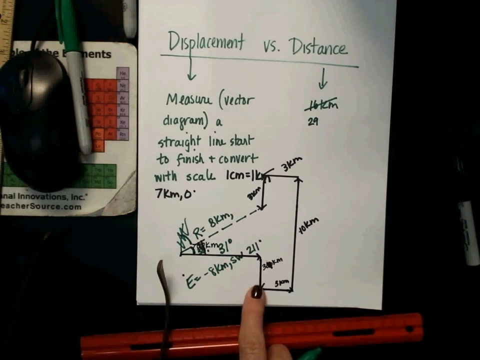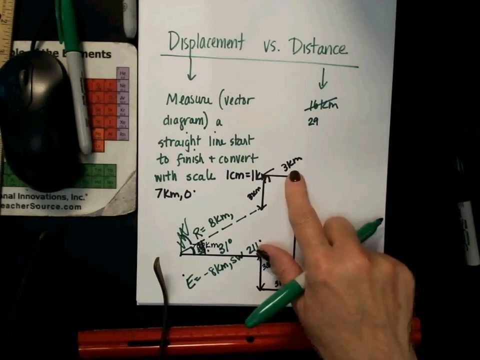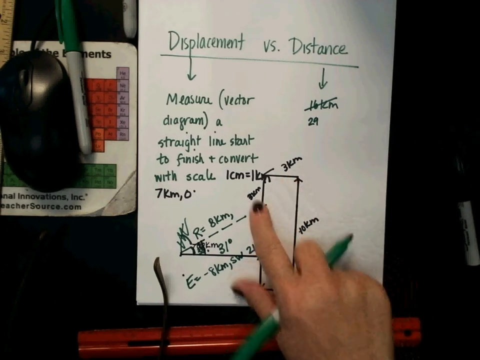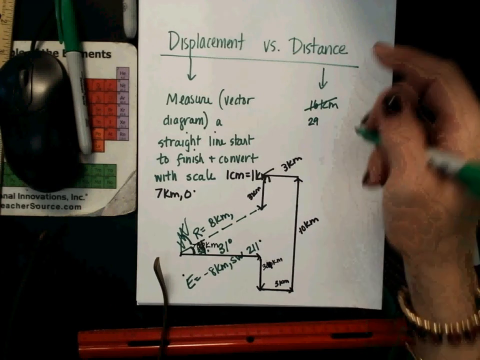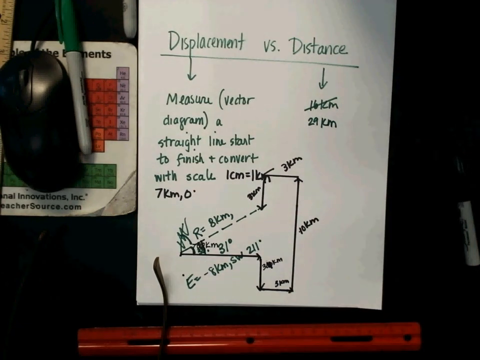The first one was 7. Plus 3 kilometers is 10. Plus 3 is 13. Plus 10 is 23. Plus 3 is 26. Plus 3 is 29. I can add. How's that? See the difference?